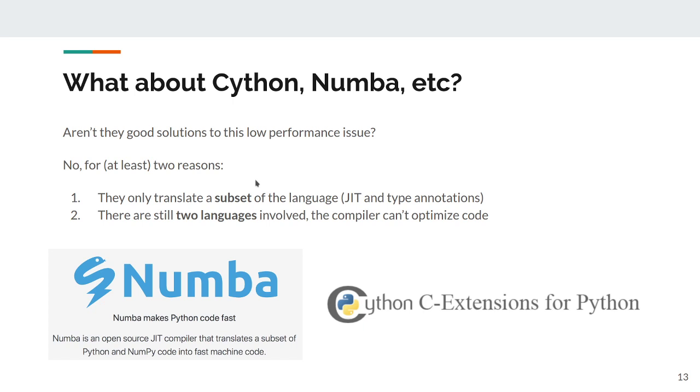So if you're doing research and you need to do something exceptional or something different than the standard usage of existing libraries, you always find yourself getting into a corner where the subset doesn't work. Second, there are still two languages involved anyway, so the compiler cannot optimize the code when it reaches this switch point between Python and C, for example, or R and C.